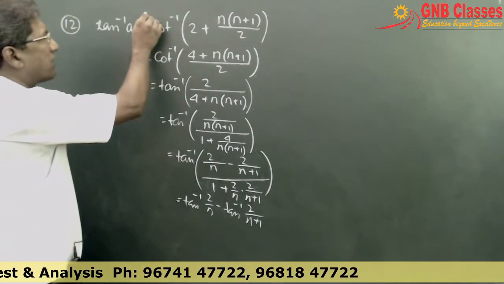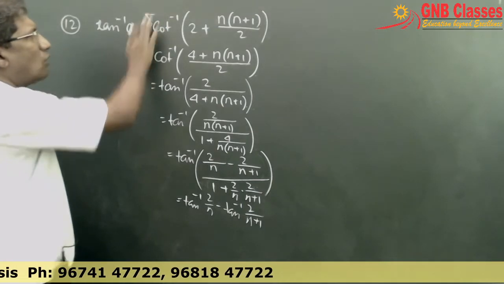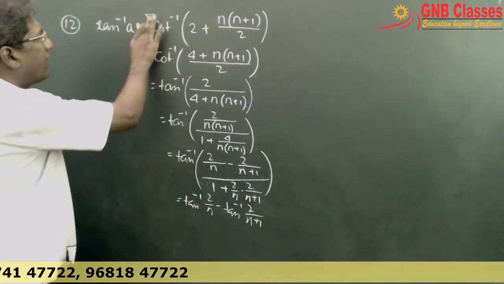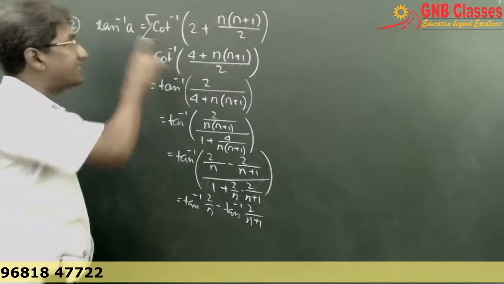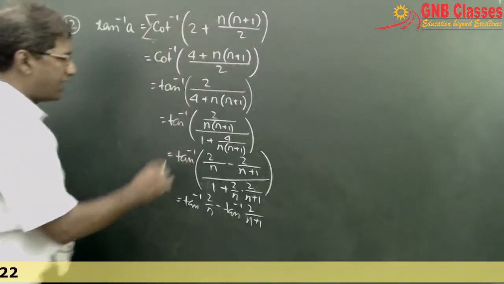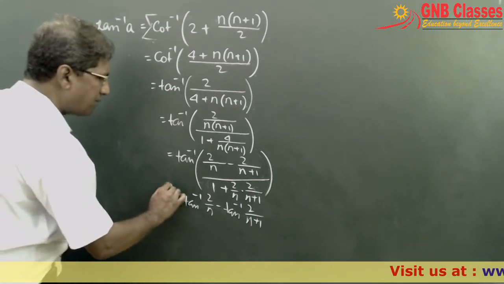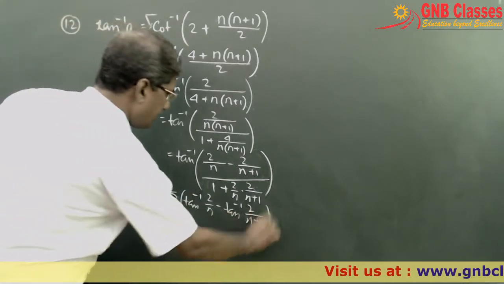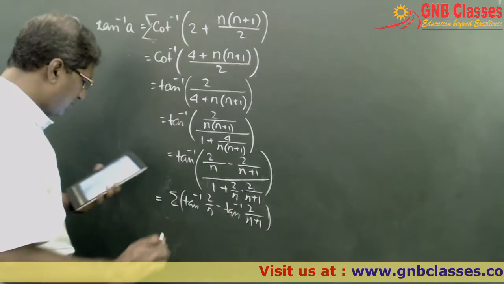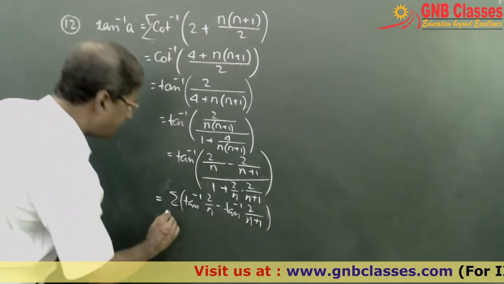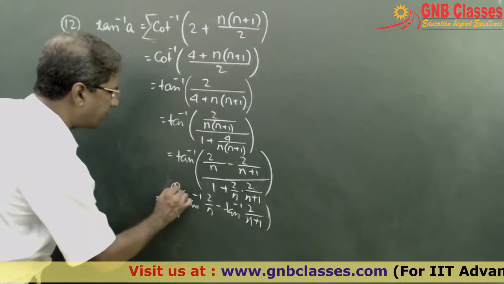But listen carefully. In the question they have given us sigma over here. I have not taken sigma yet. Okay, sigma is actually there. They have said tan inverse A is sigma of this. Now I am taking sigma over here at the end, and your sigma starts from n from 1 till infinity.